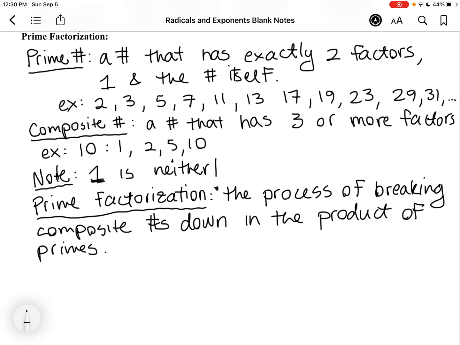And every composite number is built out of those Lego pieces. So when we are doing prime factorization, we're breaking those down into a product. I mean, we're multiplying together. So for example, the prime factorization of 10 is 2 times 5, because 2 and 5 are both prime.